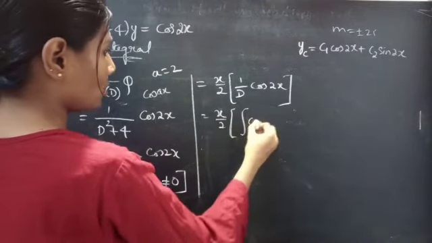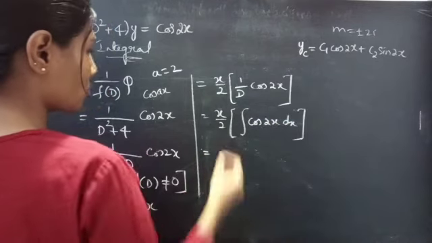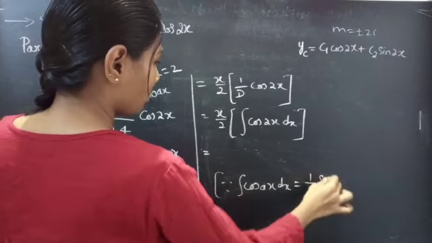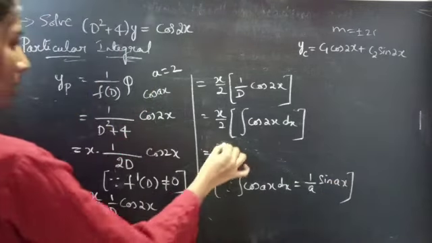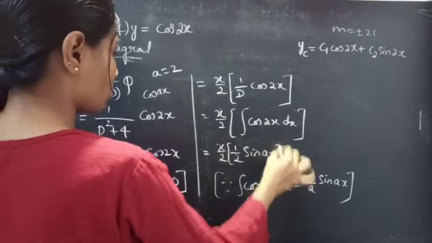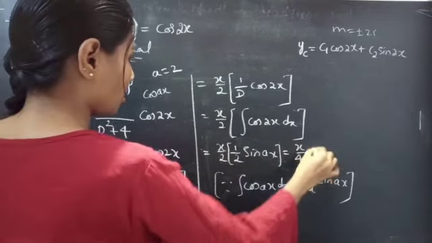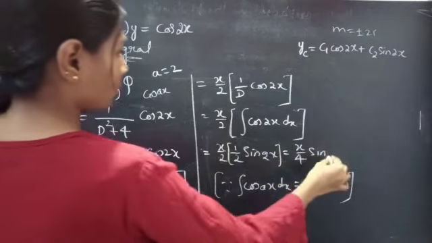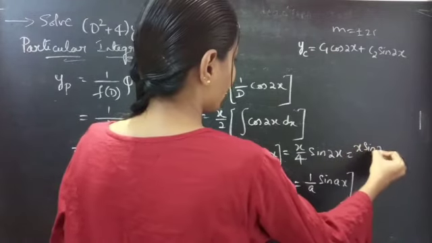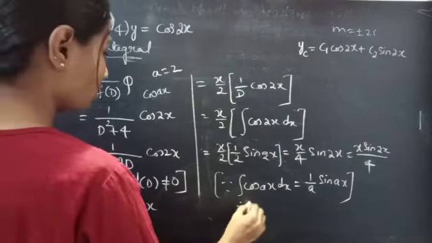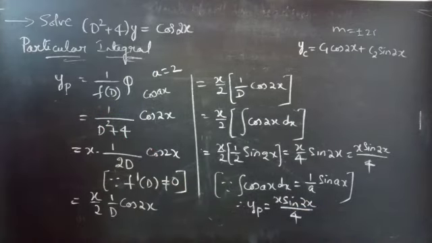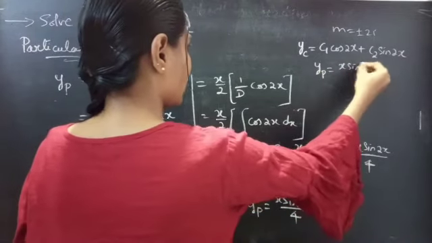X by 2 into the integral of cos 2x dx, since we know that the integral of cos ax dx equals 1 by a sin ax. Then you get x by 2 into 1 by 2 sin 2x, which equals x by 2, 2 twos are 4, so x sin 2x by 4. Therefore yp equals x sin 2x by 4.